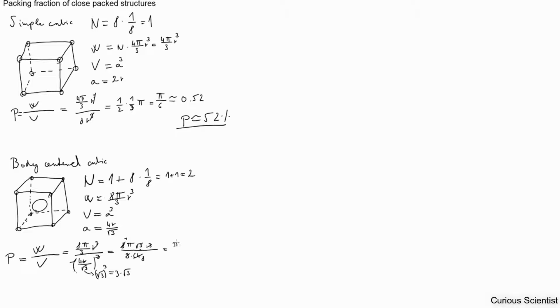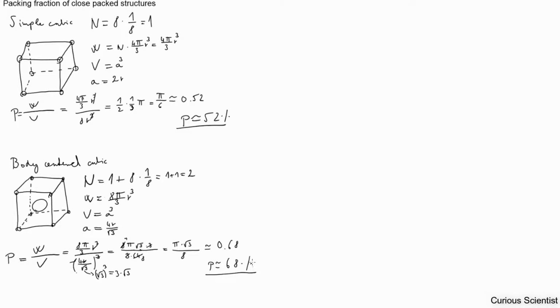So you have pi times square root of 3 divided by 8. And this is roughly 0.68. So P equals 68%.